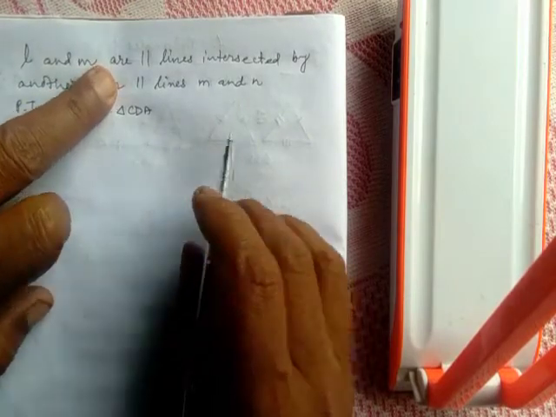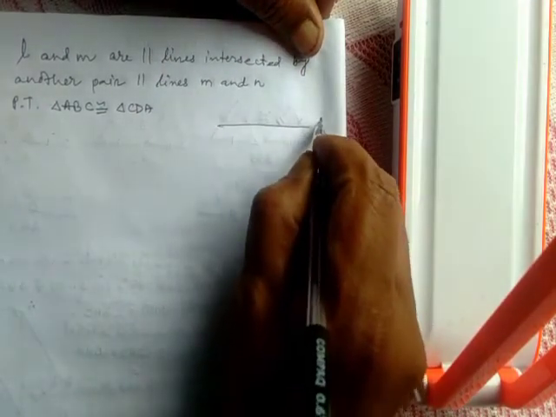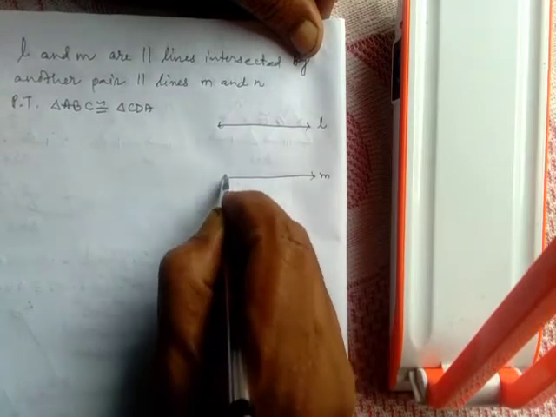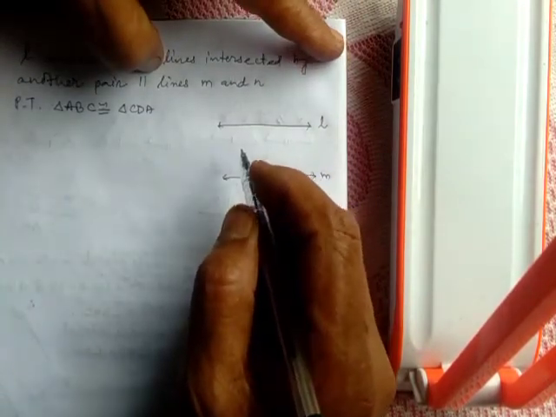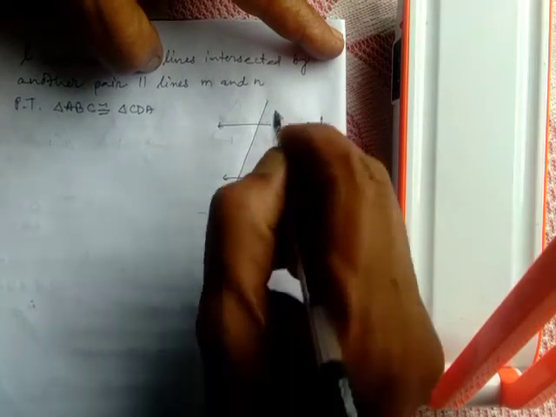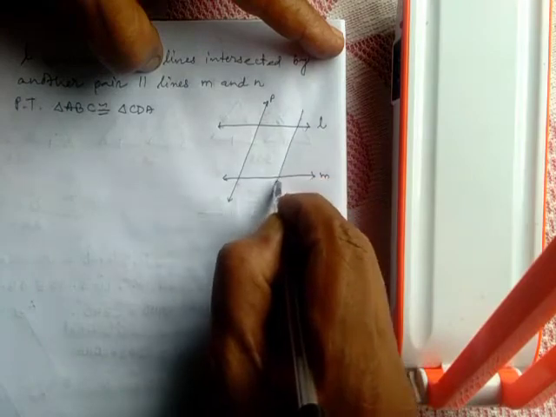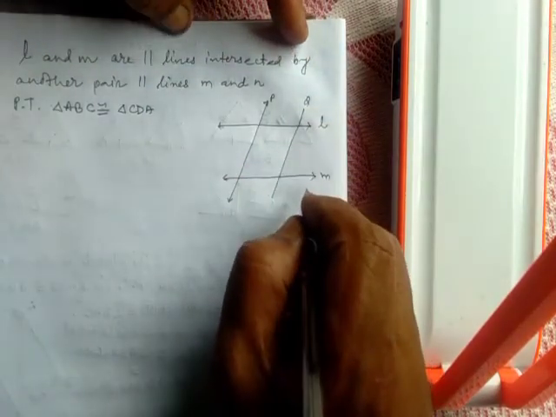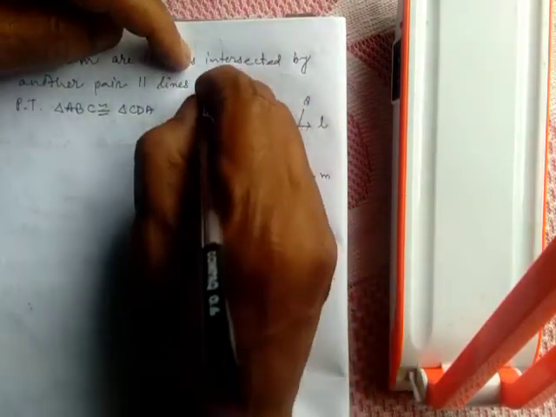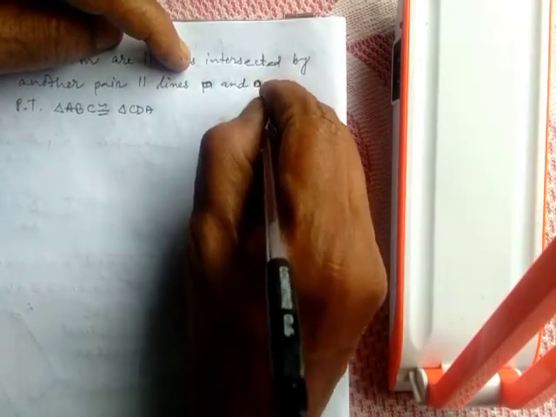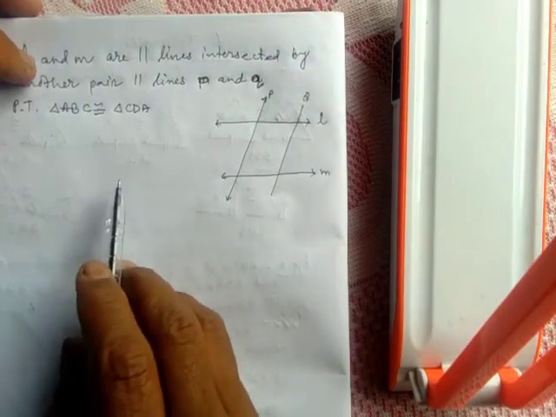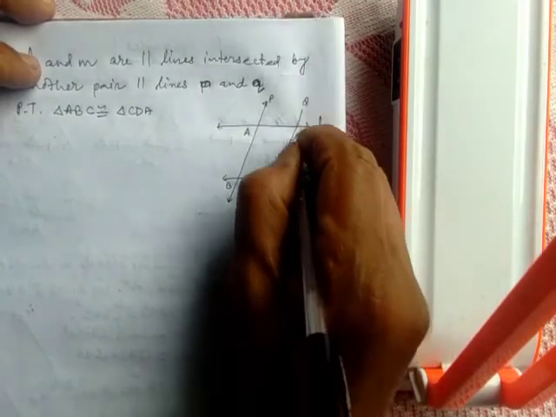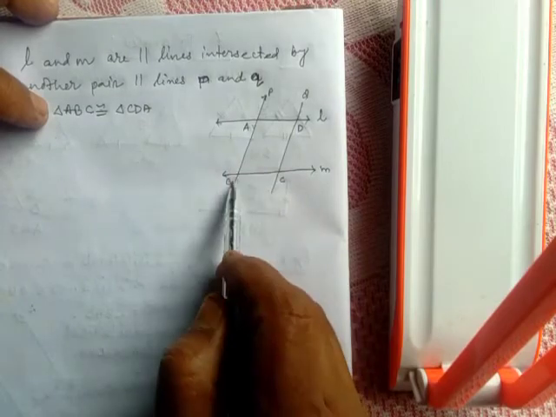Let's have L and M as two parallel lines intersected by another pair of parallel lines, P and Q. Now here again naming A, B, C, D. You have to prove that triangle ABC is congruent to triangle CDA.